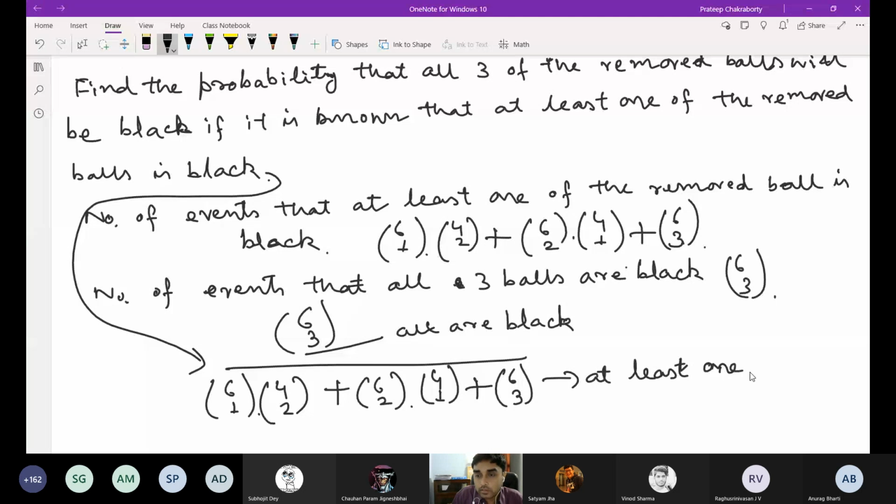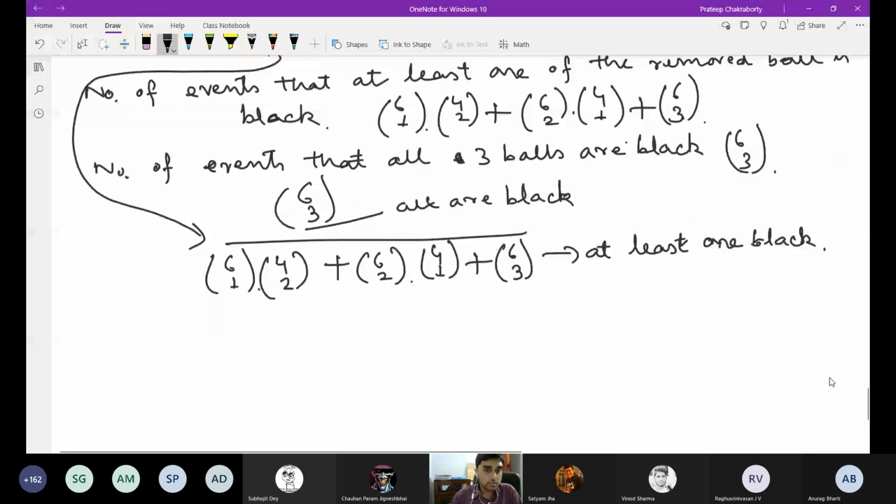So this is the probability, okay? This is called conditional probability.